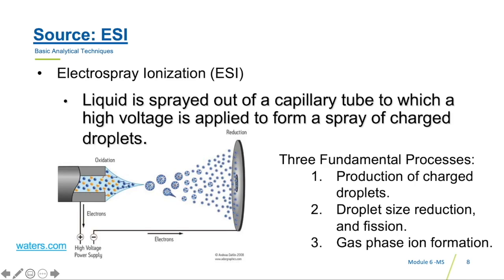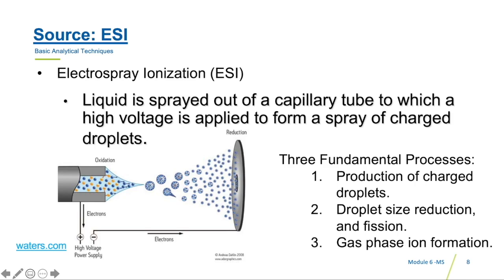As the droplets proceed through the empty space between the source and the entrance of the mass analyzer, they go through more loss of the solution solvent and split up into smaller droplets. Ideally, they become completely dry, which leaves ions in gas phase to enter the mass analyzer.